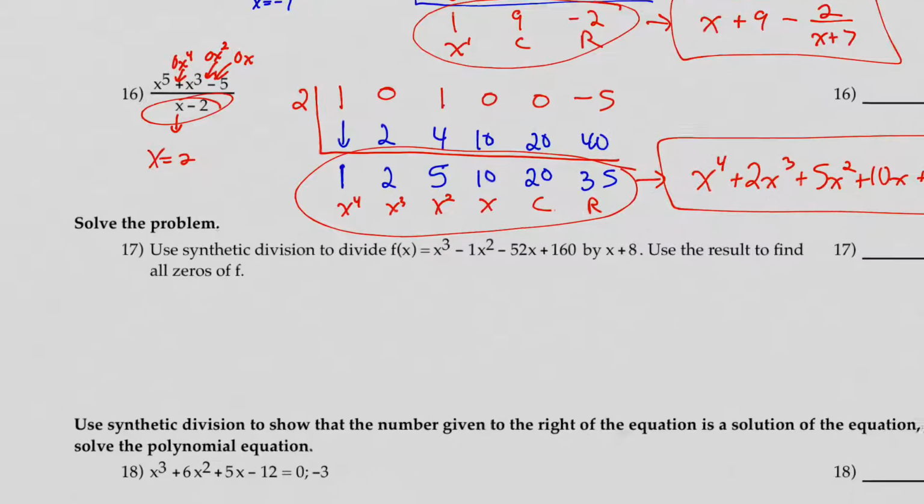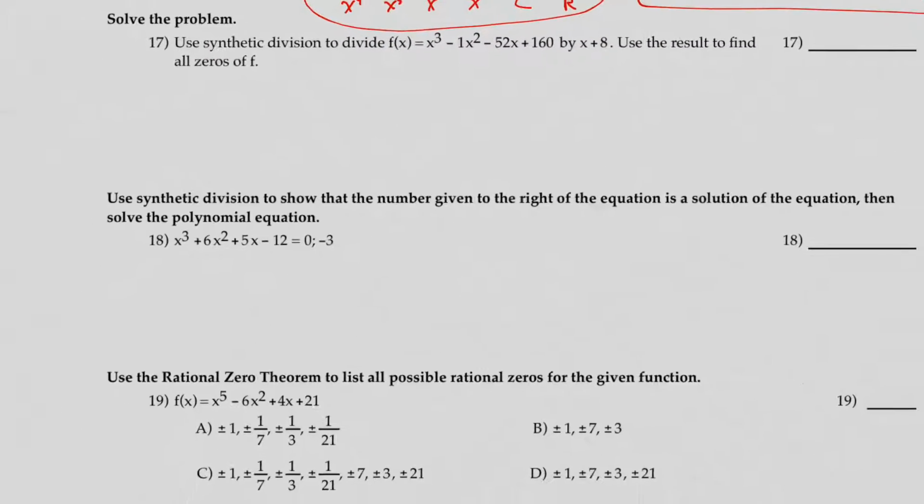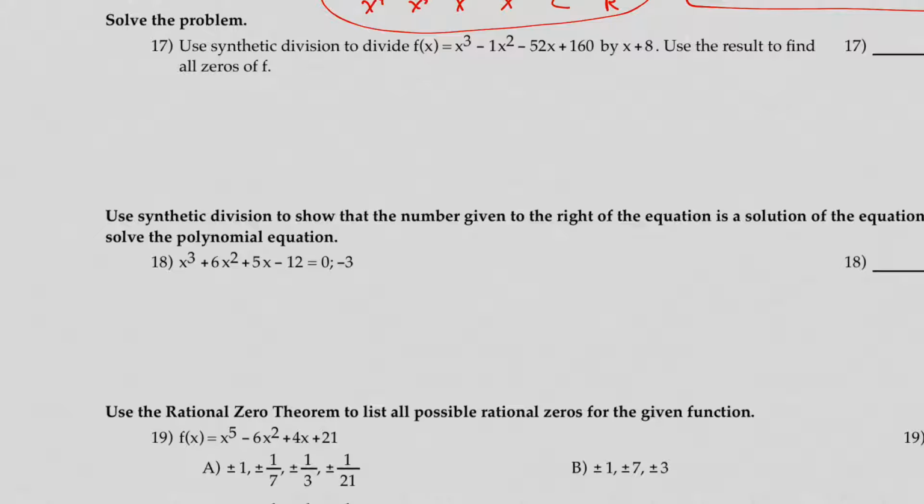Okay, so number 17 says, use synthetic division to divide that polynomial by x plus 8. Use the result to find all zeros of f. So we're going to use negative 8.